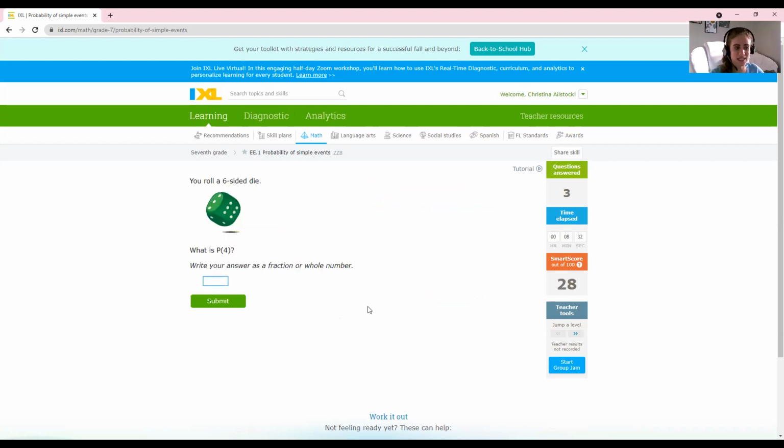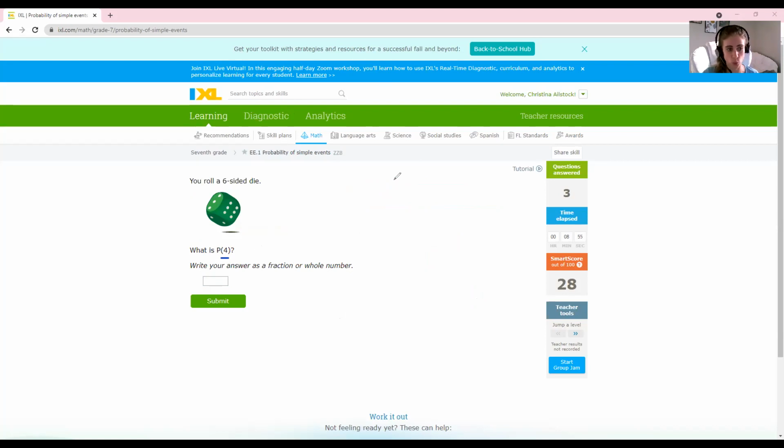You roll a 6-sided die. What is P(4)? Now remember, this is our shorthand. The P stands for probability, and then what's in parentheses is what we're trying to find the probability of. So we want to know the probability of rolling a 4. Well, if I think about a 6-sided die, how many times does a 4 come up on that die? 1 time.